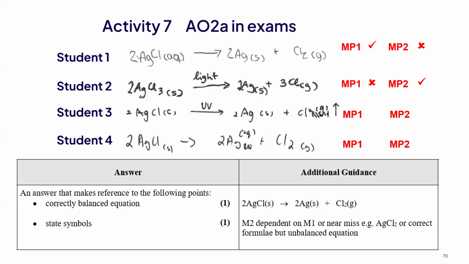You've got 2 AgCl and what looks like a C, but if you look at the bottom, it could be the start of going into an S, though it's not quite the same as the S for Ag, and it all depends on the level of generosity. If I was marking this, I would have been tempted to allow the state symbols. So you've got correct balancing.